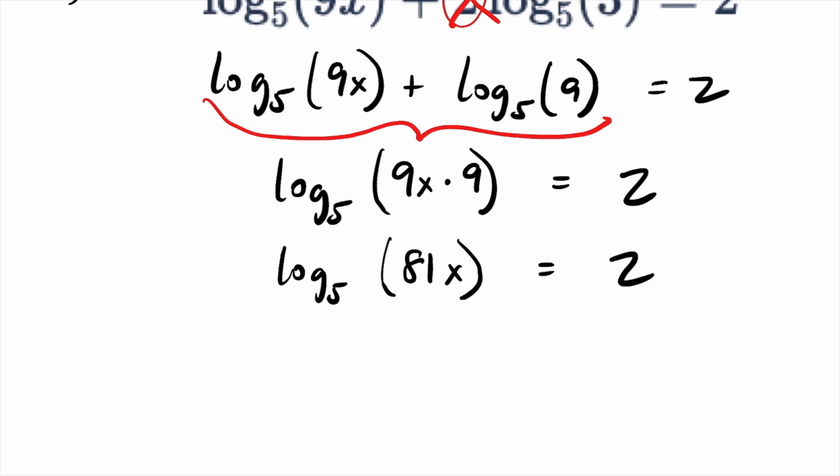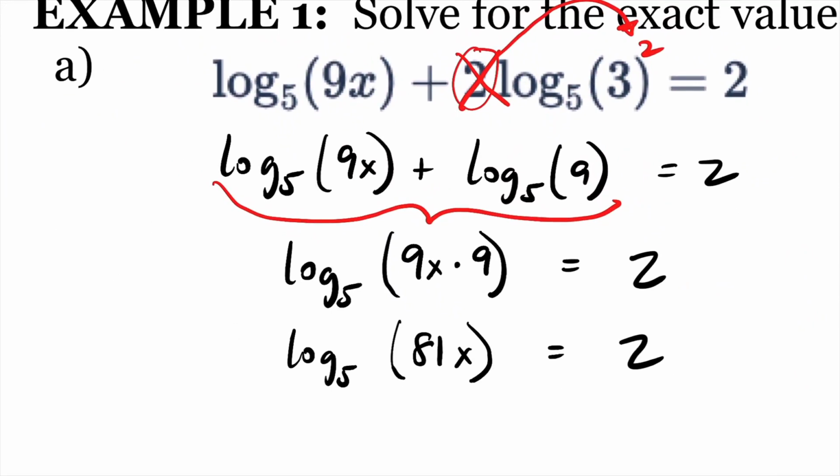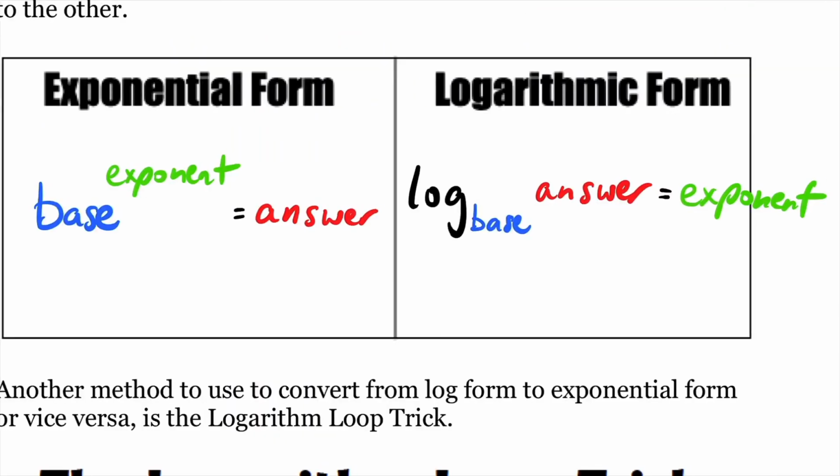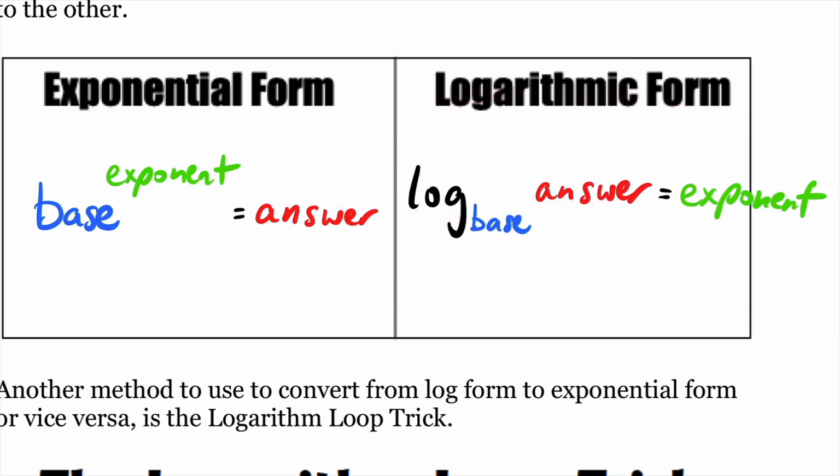Okay. Next step, change it to an exponent. Okay, so to change it to an exponent, right now it's written like this. It's got a log. Log, base, answer, exponent, right? I don't want it written like that.